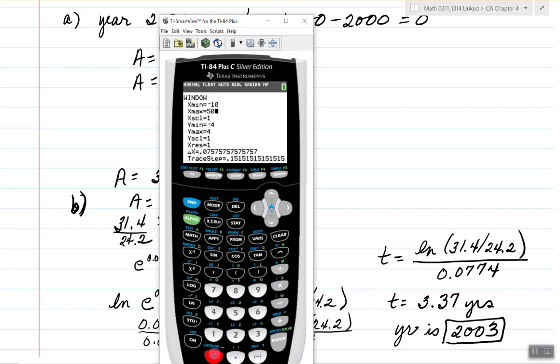I'm going to put 50. And the y's, oh my goodness, these are in millions. So I'm going to put -10 to the 6th, and the max, that's a million, negative a million. And I'm going to put 50 million.